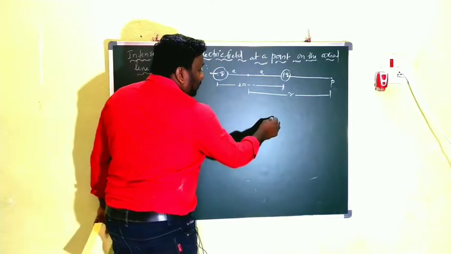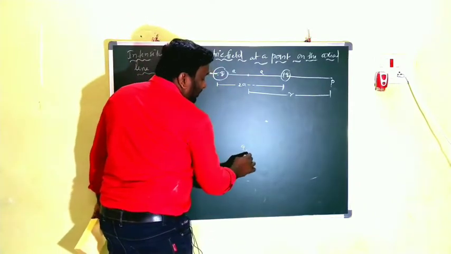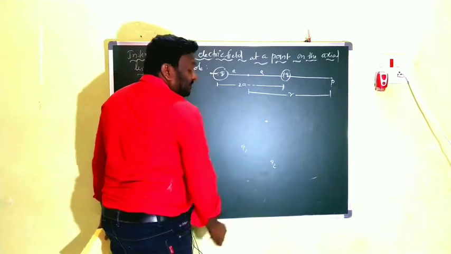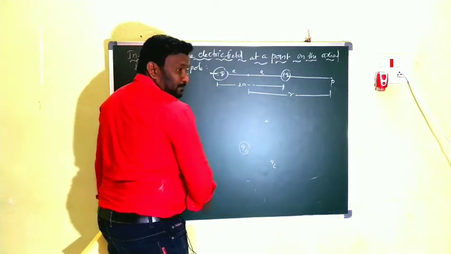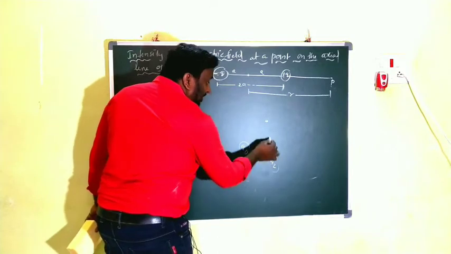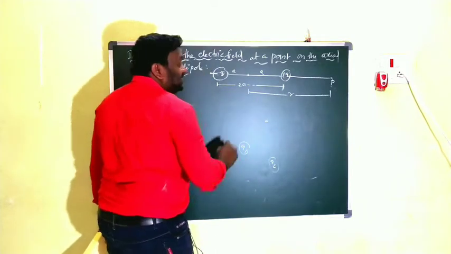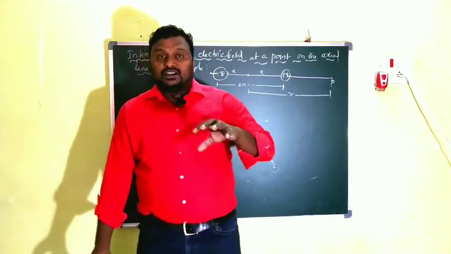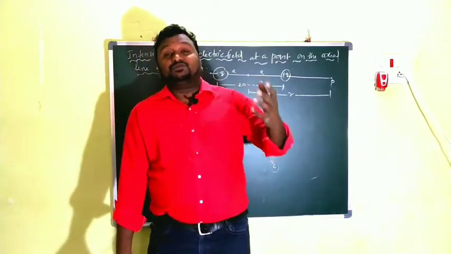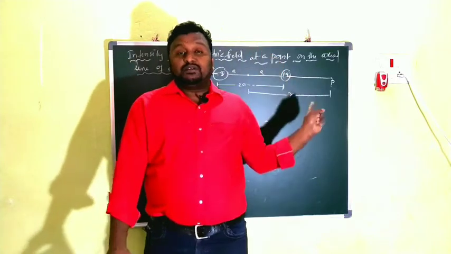When you have this point, and this is q1 and this is q2, there is some electric field intensity because of q1, and q2 also applies some electric field intensity at this point. Clear? If you want to understand the electric field intensity due to a number of charges, go and watch the previous video.